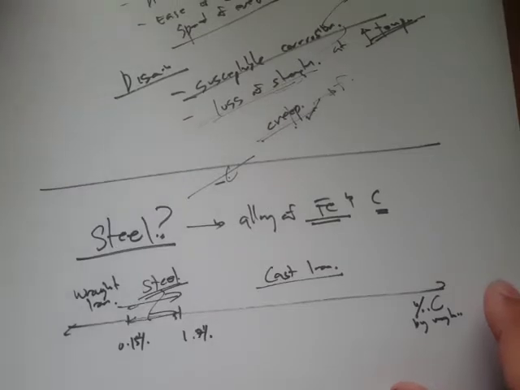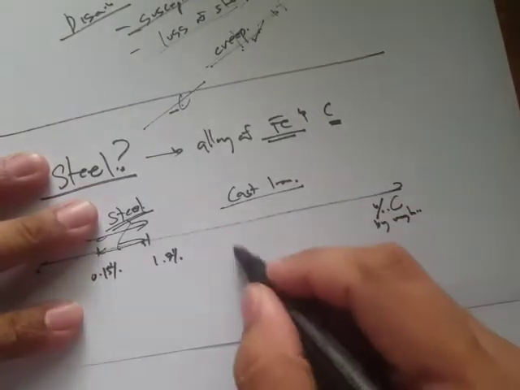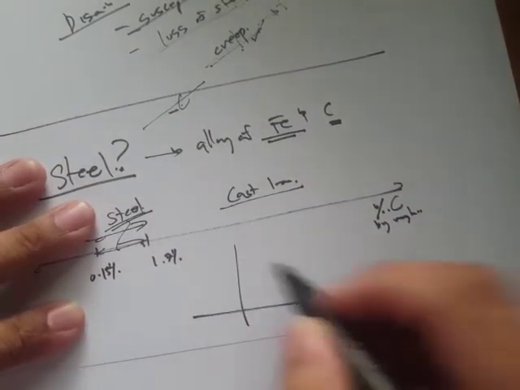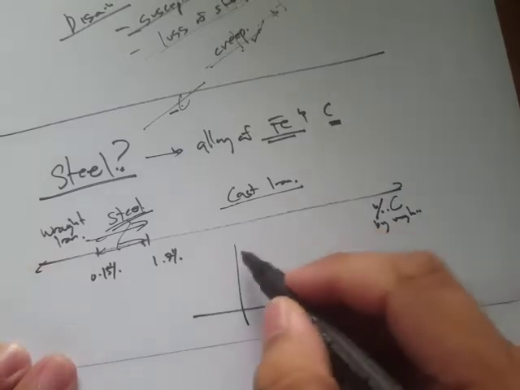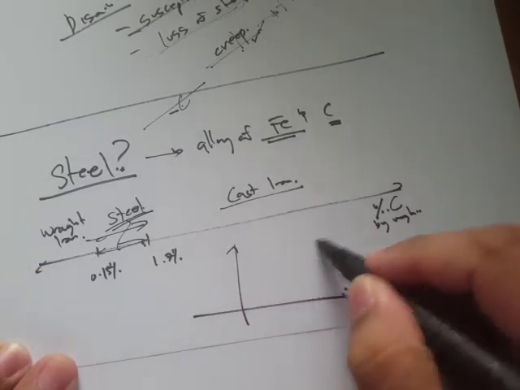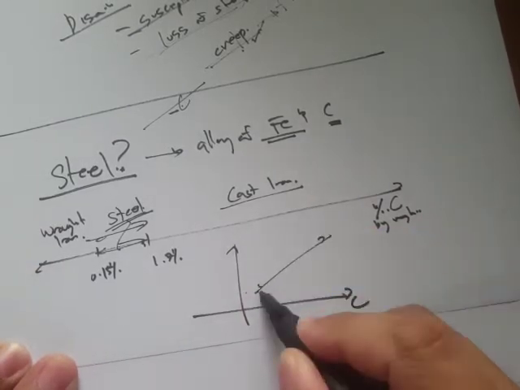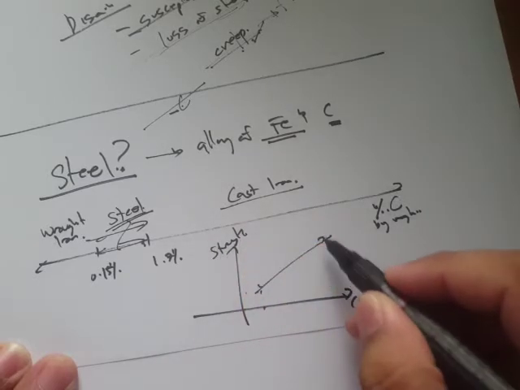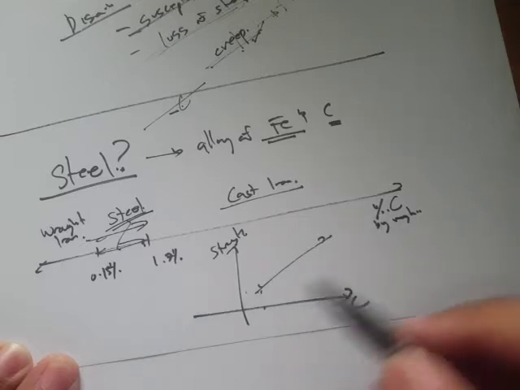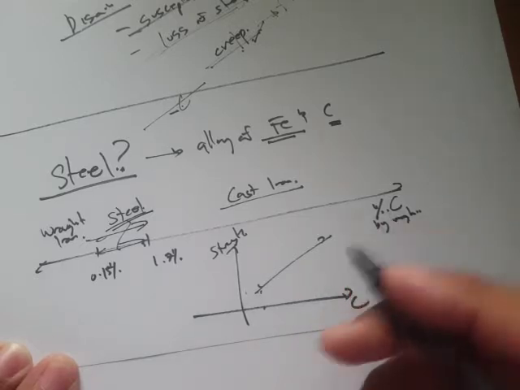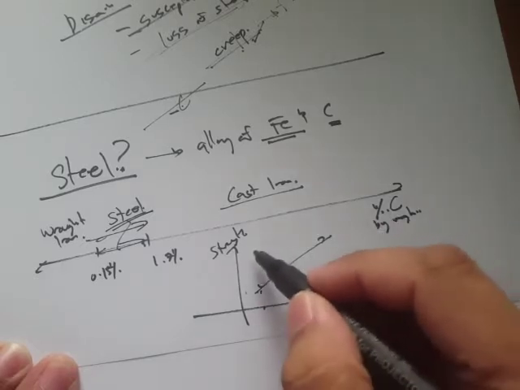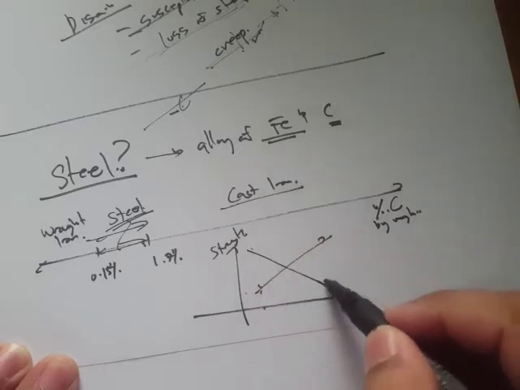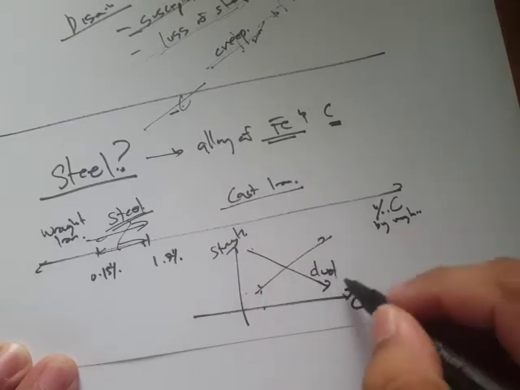Now, in terms of strength and carbon, if we have increasing carbon, we're actually having higher strength. If you have low carbon, you have lower strength. So let's say this is our strength, but the problem is if you have higher carbon contents, yes, you're getting stronger, but your ductility is actually decreasing.